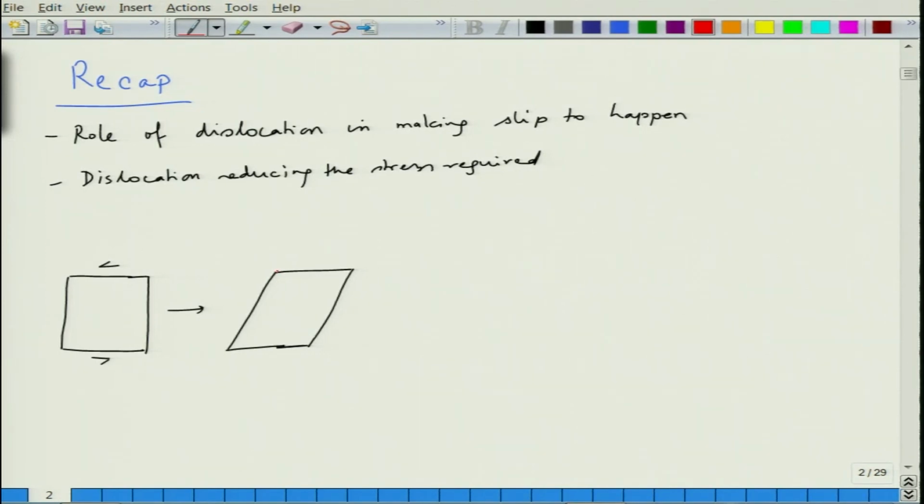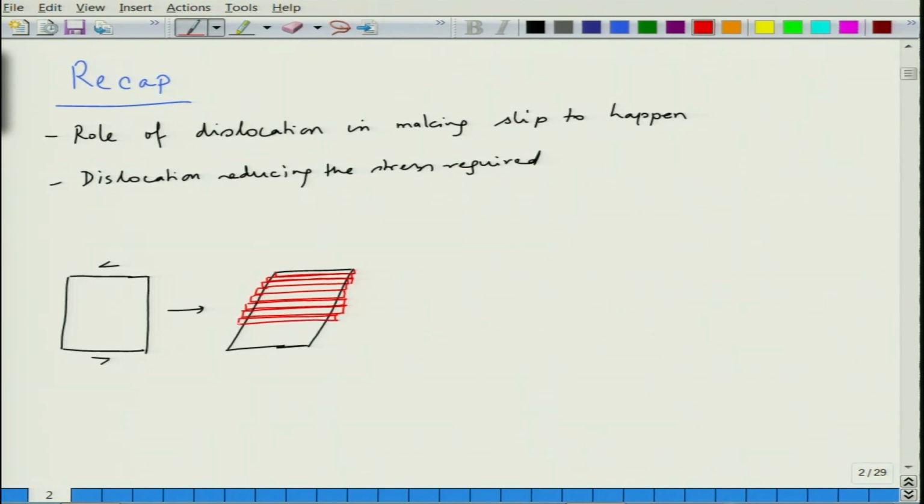Essentially you have one crystal like this, then the next crystal could be something like this, and so you create these steps which are microscopic steps formed as a result of slip between successive planes.